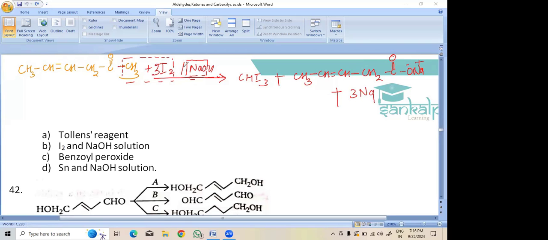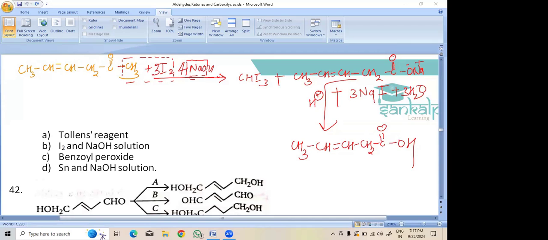So I have to balance it. So this is 3I2 and 4NaOH. So I'm going to get 3NaI plus 3H2O. Now further, what will happen? This will take one proton, and I'm going to get CH3, CH double bond CH, CH2, C double bond OH. Understood?